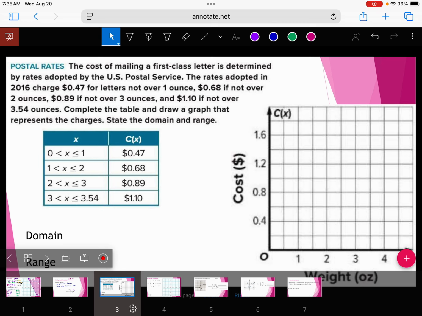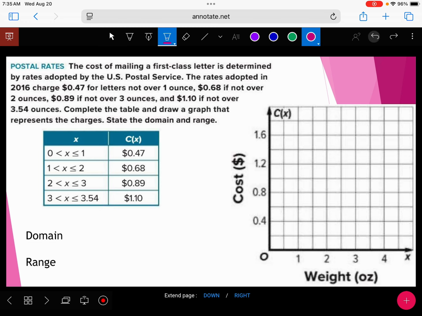So up to a certain amount of weight, up to 1 ounce, for not over 1 ounce, it's 47 cents. So if I have an empty envelope up to a 1 ounce envelope, it's going to cost me 47 cents, which is usually one of those little forever stamps.